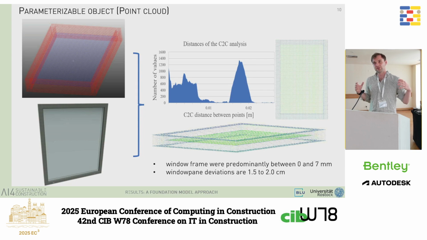I think that's okay for training data for models, because in reality, when we measure the opening of a window on a construction site, we don't care about deviations of one millimeter. In further work, we will do other objects that are parameterizable, such as height, depth and width of the object.